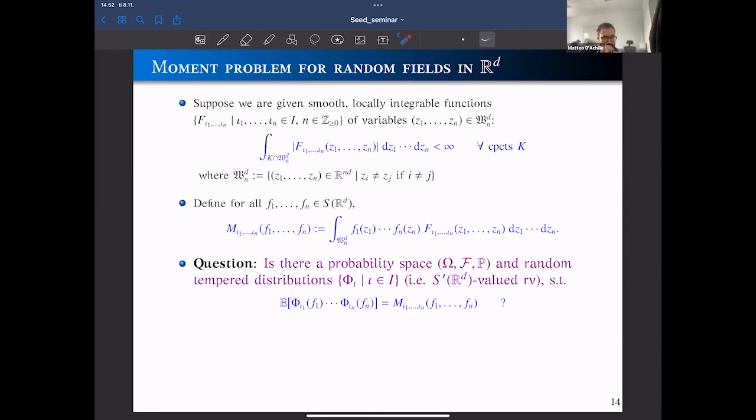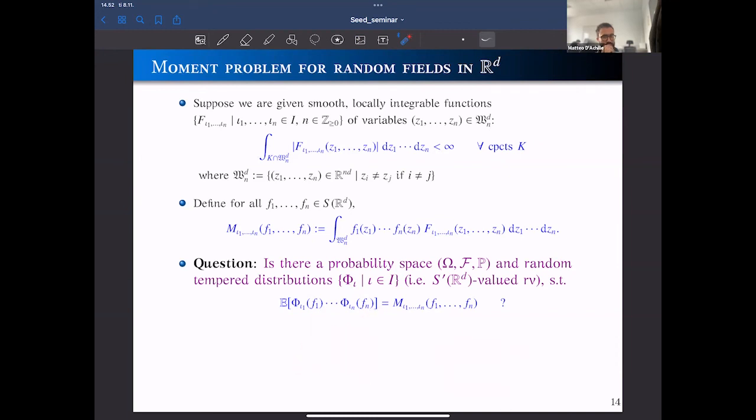And now if you take a kind of moment, so this would be my field tested against test functions f1, ..., fn in the Schwarz space or some compactly supported or whatever. So maybe the value of this phi at some point x doesn't make sense, but maybe the phi tested against some function makes sense.